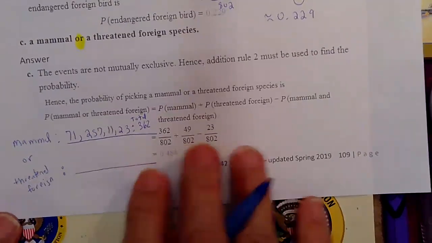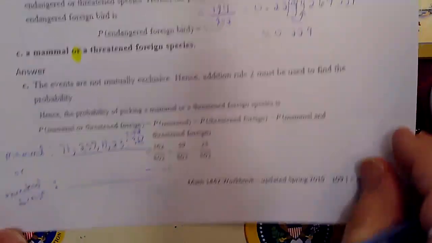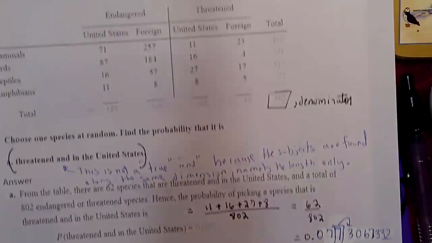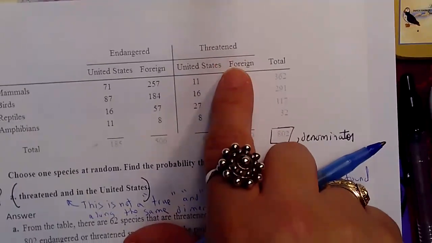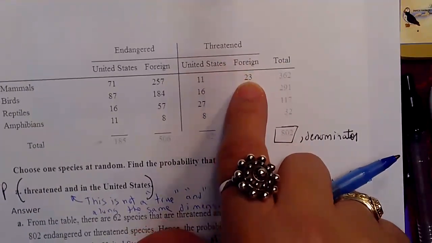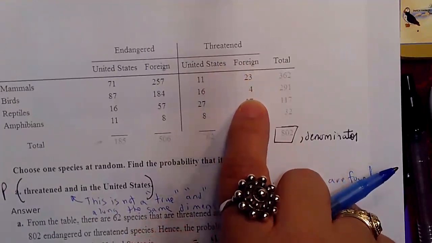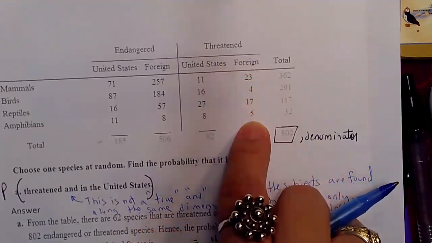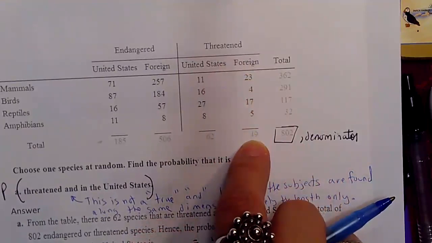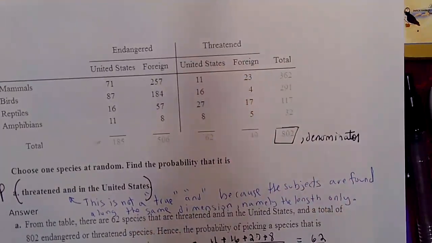Okay, now for the threatened foreign species, I have all these: 23, 4, 17, 5, and then the total is 49.